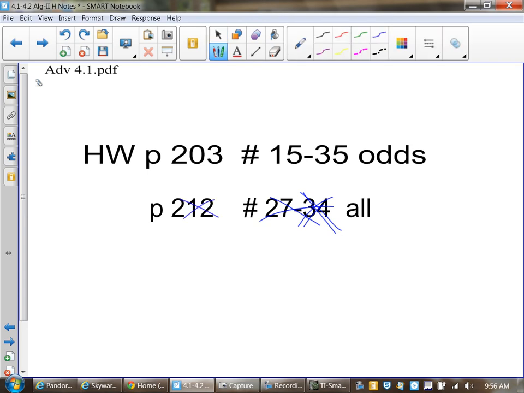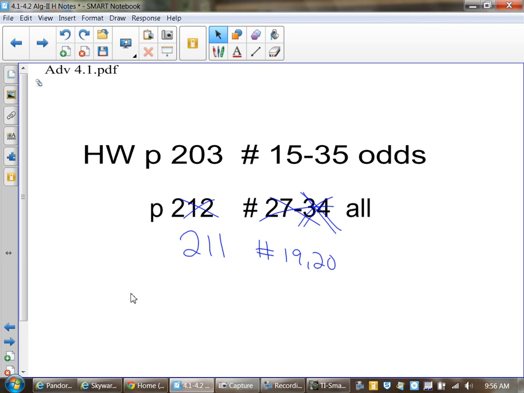So this is actually a different page. So let me change this to page 211. I'd like you to do number 19 and 20. And that's it for right now. Those are 2 by 2s to multiply out. That's it? Just 211? No, I want you to do those and those, okay?